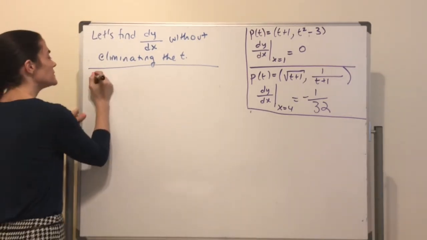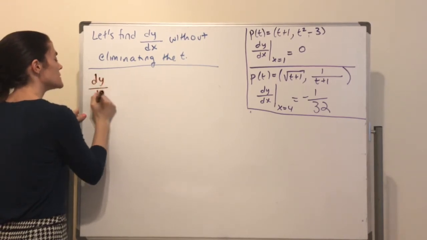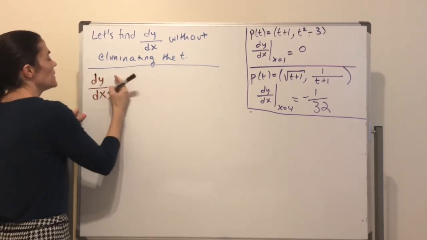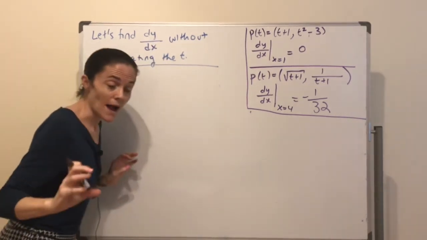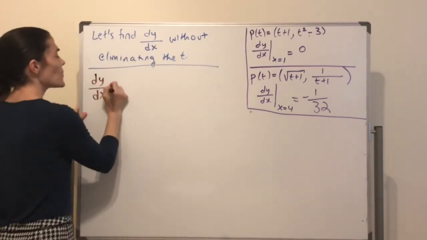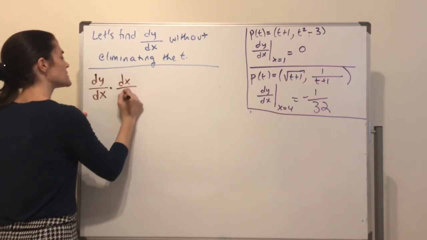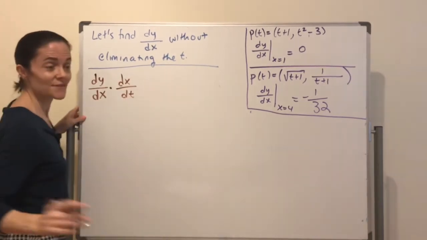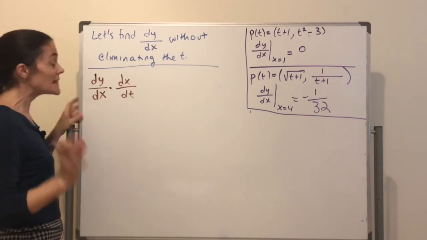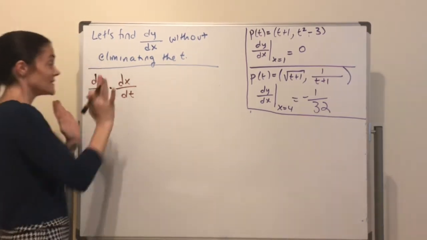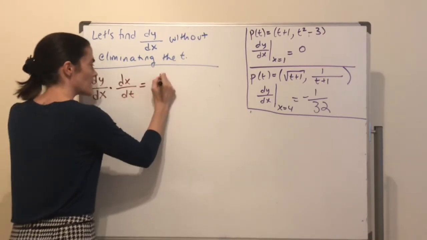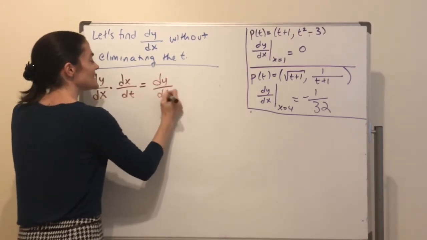Well, dy dx, if I write it like this, here I'm really thinking y as a function of x, but what would happen if I multiply like this? Certainly x is a function of t. This product, dy dx times dx dt, we know this is dy dt.